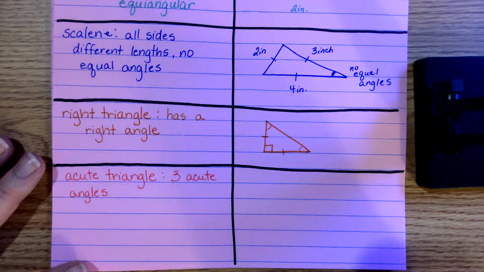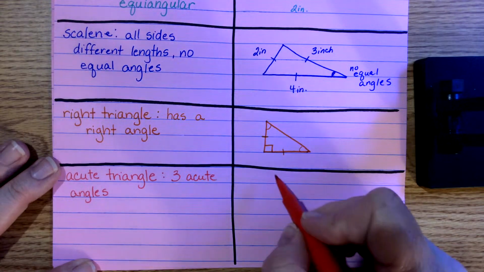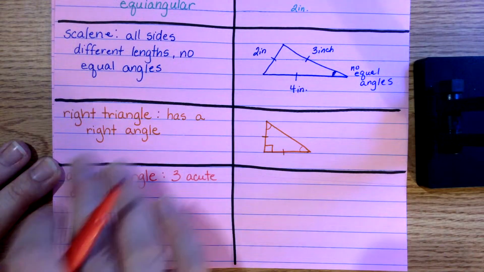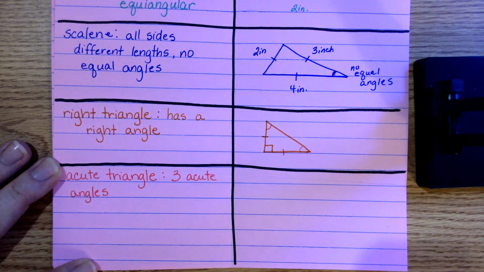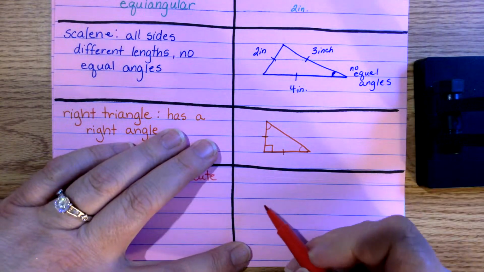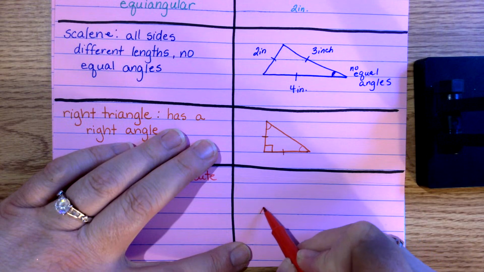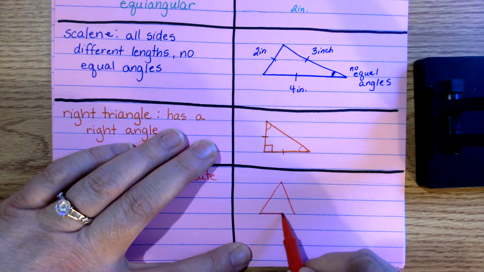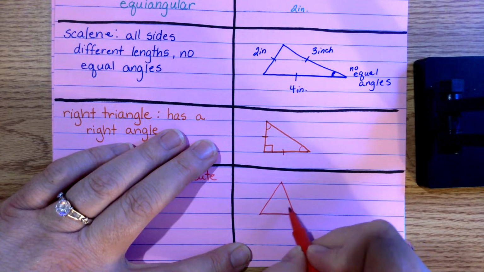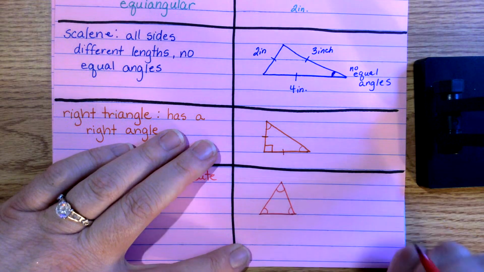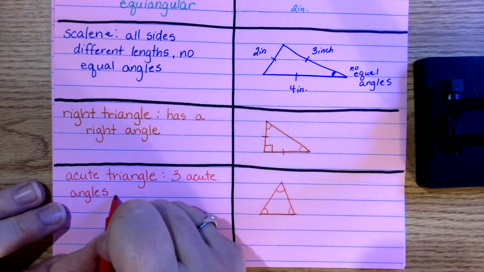So you can have an acute scalene triangle. So again, you can add these in, like you could have a right isosceles triangle. You could have an acute scalene triangle. So I'm just going to go ahead and make an acute. And again, the important part is all 3 of these are less than 90 degrees.